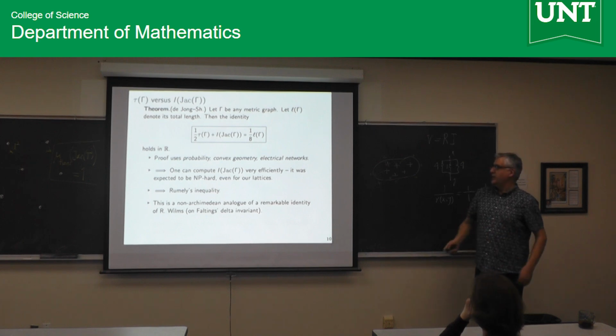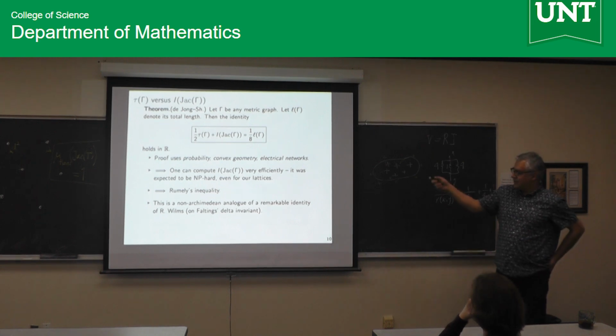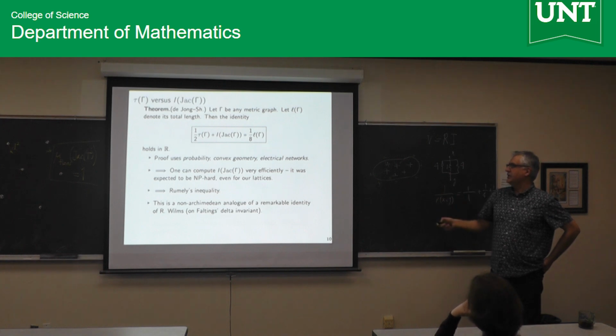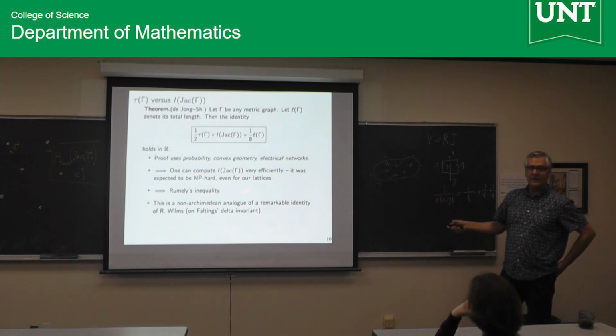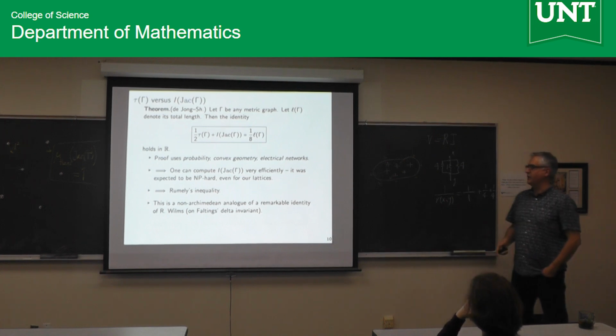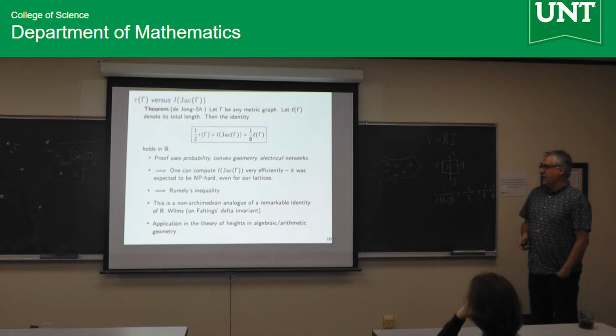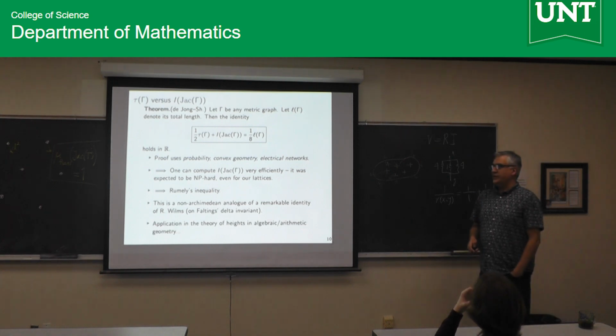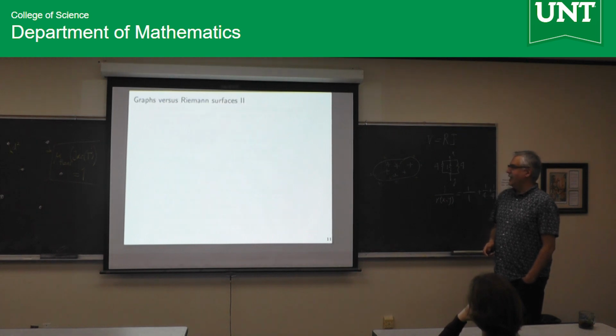So soon there will be a paper that puts these theorems on equal footing, Archimedean and non-Archimedean. By Archimedean, I mean the Riemann surface complex version, and I'm going to come back to why graphs are non-Archimedean. Our motivation comes from number theory, which I will get to at the end of my talk.